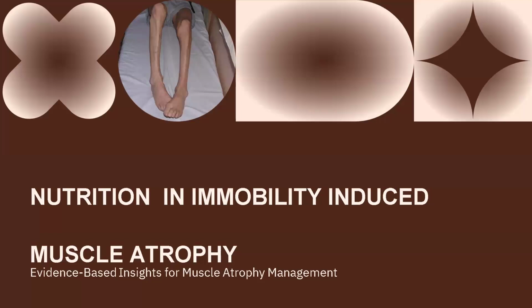Clinical manifestations in the structural: we have muscle fiber atrophy, decreased cross-sectional areas, joint contractures, and reduced range of motion.